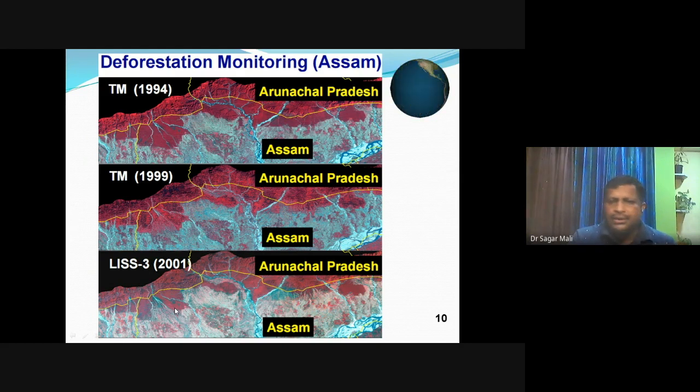It means after a time span of 5 years or 10 years, how much forest has increased or decreased, and what the rate of decline is. If the rate is this much, what will the scene be after 30 or 40 years? That model we can develop.